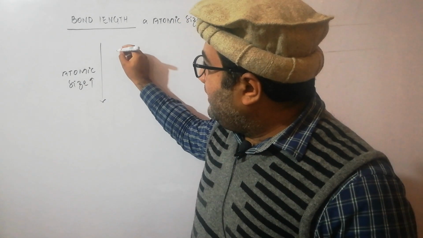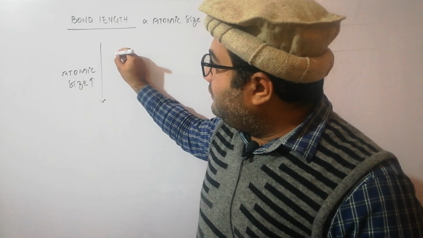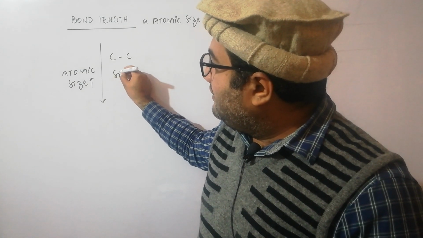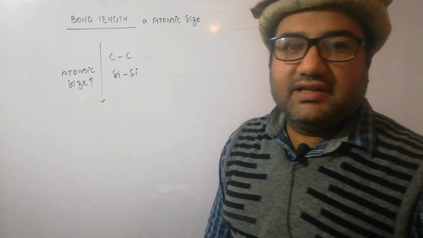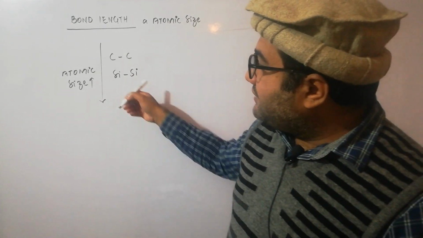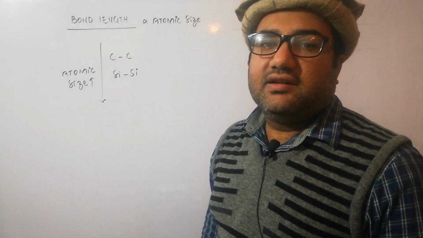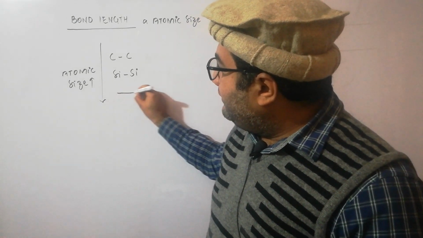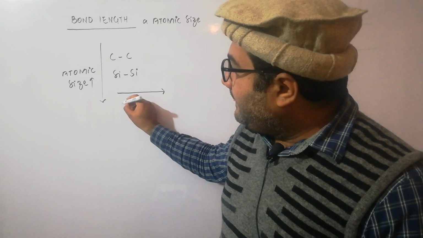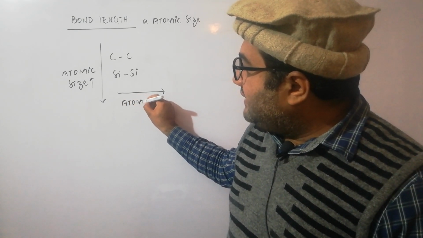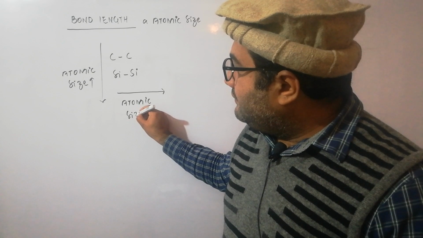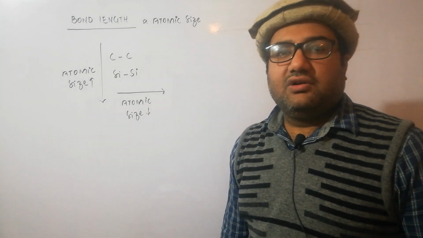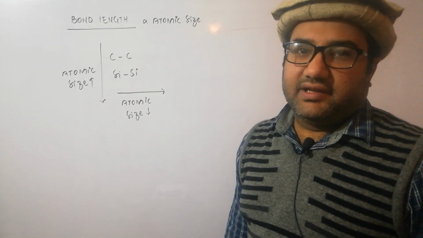For example, if we talk about group 4A, then the carbon-carbon single bond is shorter, while the silicon-silicon single bond is longer. Why? Because the atomic size of silicon is greater than the atomic size of carbon. But when we move from left to right in a period, we know that atomic size decreases due to greater effective nuclear charge, a stronger grip of the nucleus on the electrons.